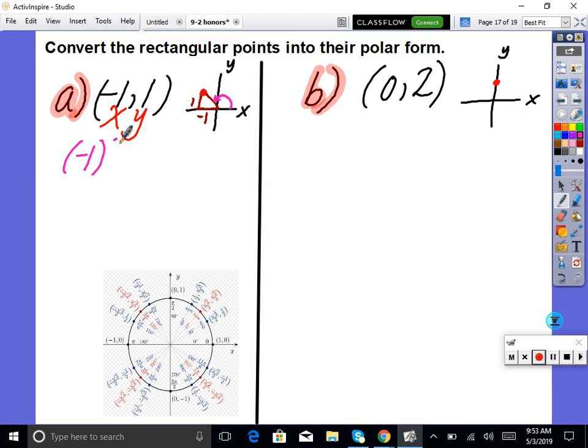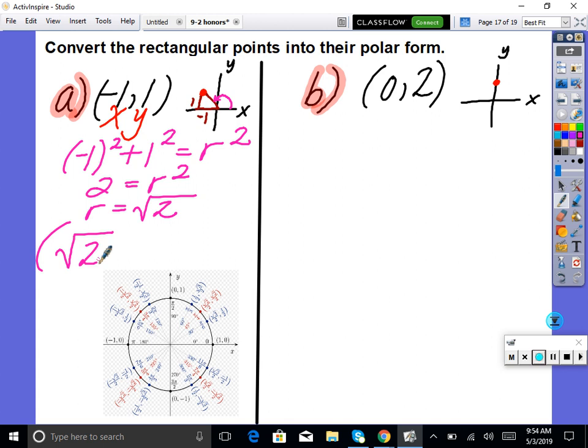Yeah, the Pythagorean theorem: -1 squared plus 1 squared equals radius squared. 2 equals radius squared. Therefore my r in the xy point is √2. Now it's technically plus or minus √2, I guess, right? I never thought about that. Can it be either? Let's just make it positive to make our life easier. So r is √2.